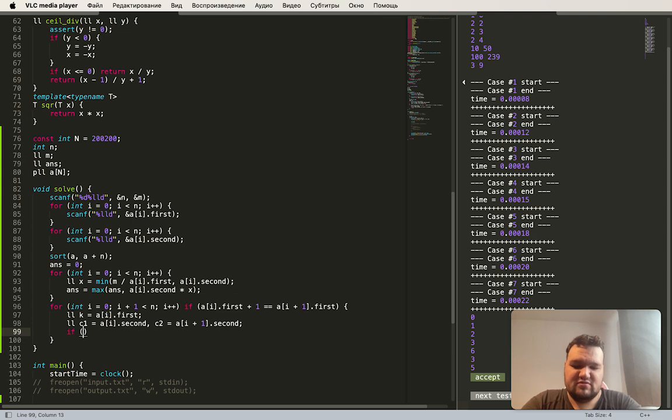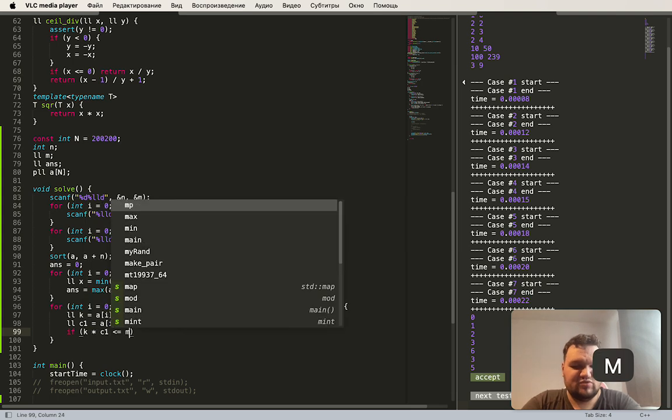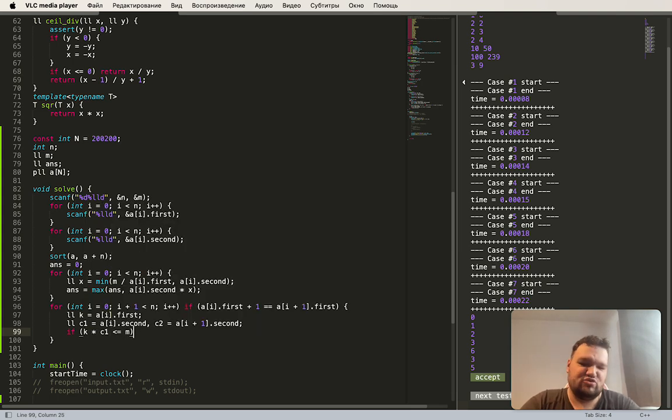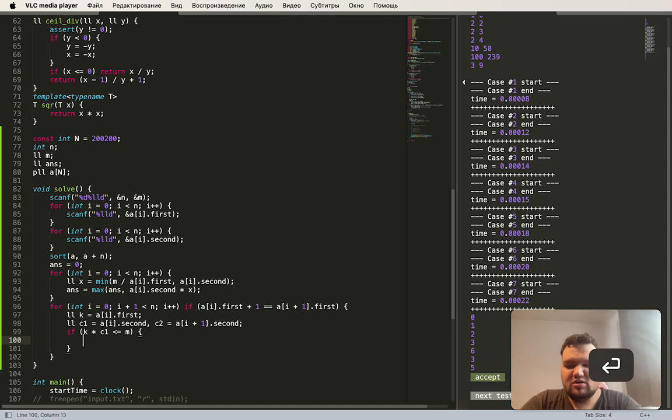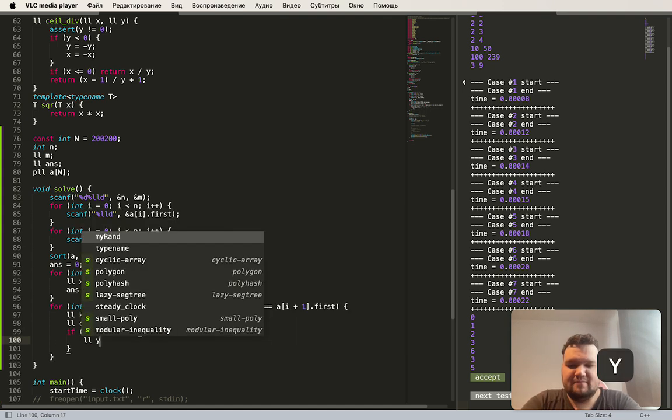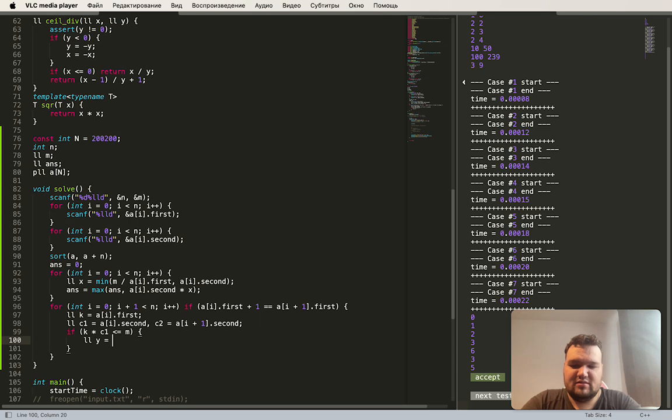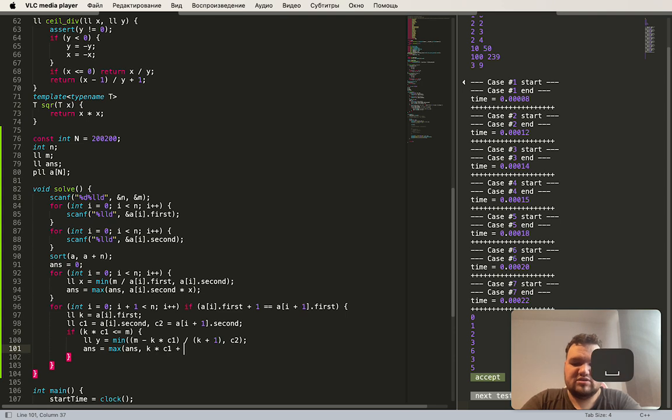So if k multiplied by c1 is at most m, means that we can choose some number y. And it will be minimum of m minus k times c1 divided by k plus 1 and c2, and update answer with k times c1 plus k plus 1 times y.